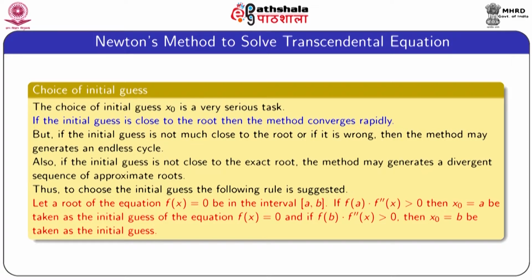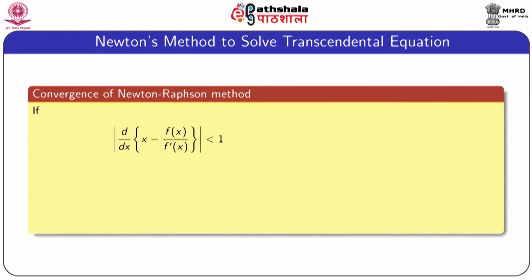So these are the rules to choose the initial guess of the Newton-Raphson method. The Newton-Raphson method is not applicable for all types of function. For example, if the first derivative of f at xn is 0 or very small, then the method fails.